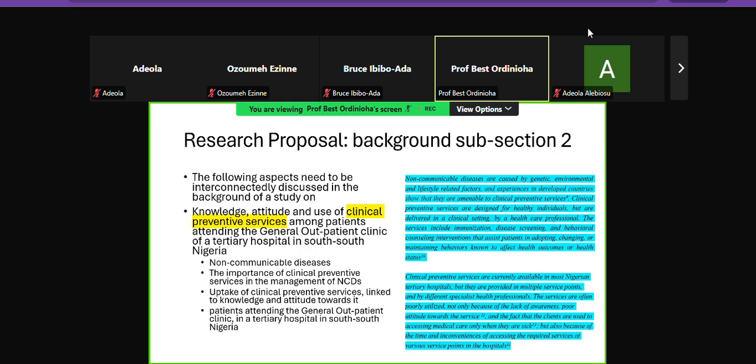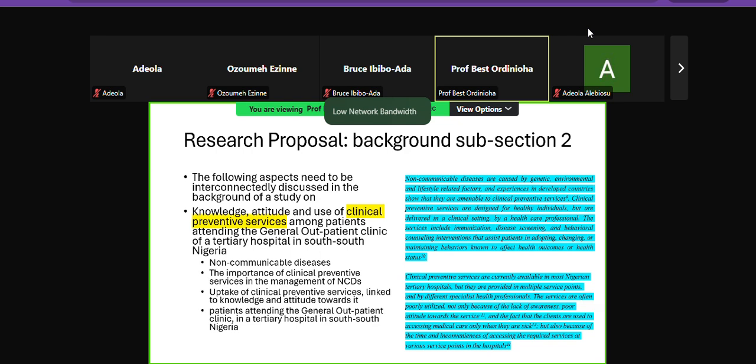Clinical preventive services are the services or clinical tests, clinical examinations, including laboratory examinations, that are used for the early diagnosis of these non-communicable diseases. Knowing fully well that most times they are there, but they may not be causing symptoms. In fact, by the time they begin to cause symptoms, they have done a lot of damage in the body.